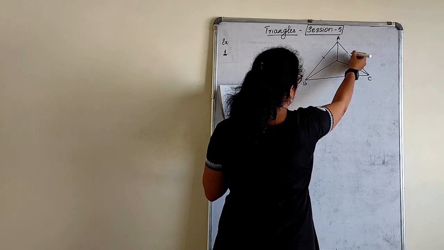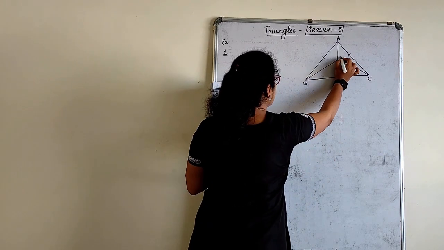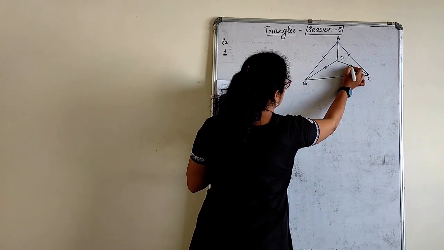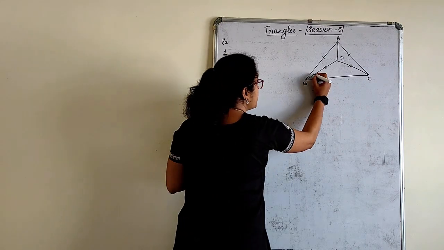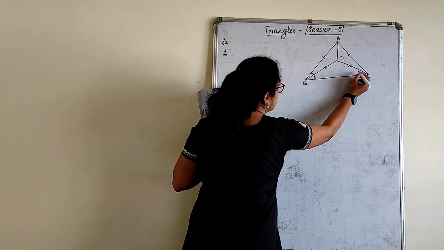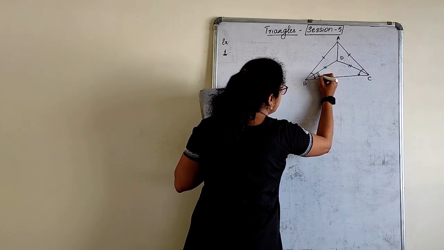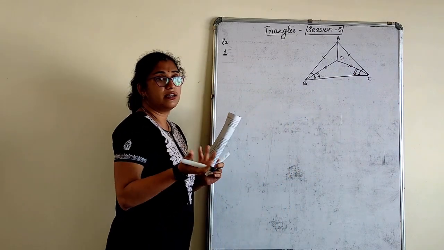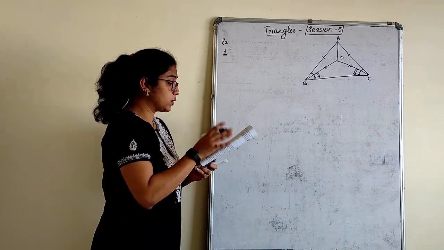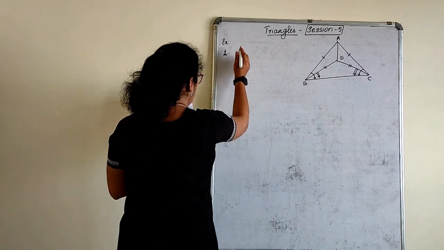I'll mark AB is equal to AC, and BDC is also an isosceles triangle, so these two sides are equal. So according to the question, this angle is equal to this angle. Small angle is equal to small angle. Why? Angles opposite to equal sides are equal. Let's keep it as it is. That's all that has been given.